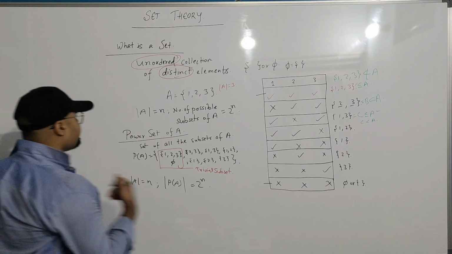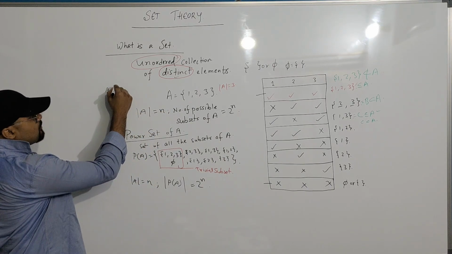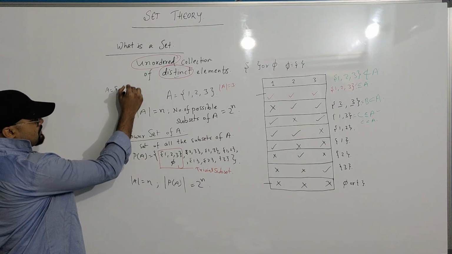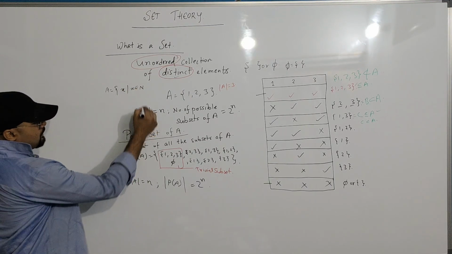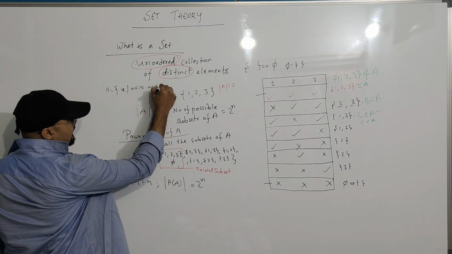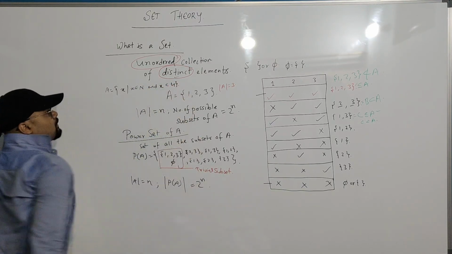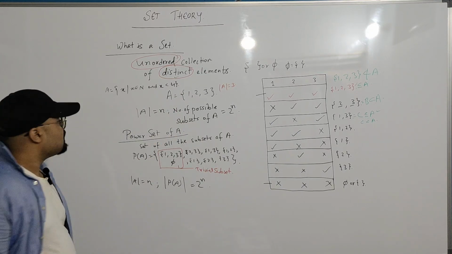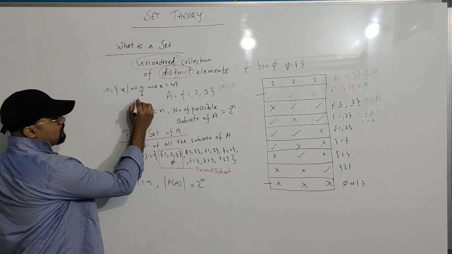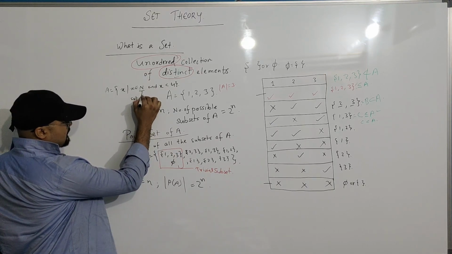I can write in an English statement something like A is equal to X, such that X belongs to natural numbers and X is less than 4. Then this is nothing but this. This N is also a set, the set of natural numbers.